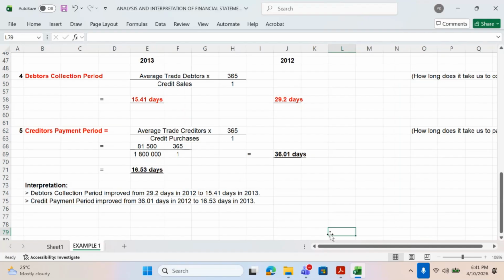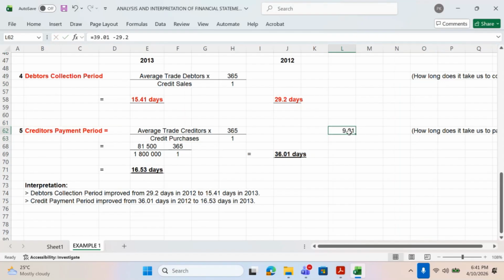So in 2012, creditors are paid after collecting cash, after cash has been collected from debtors. By how many days? If I'm saying 36 minus 29, the difference between the two, 36.01 minus 29.2.